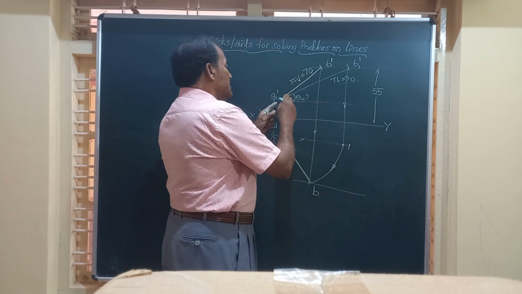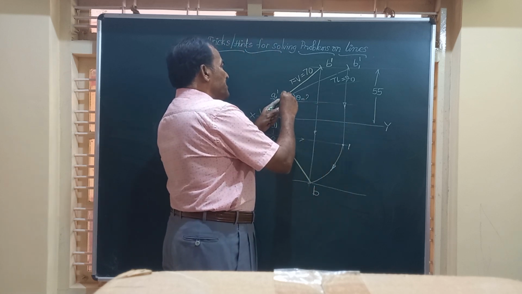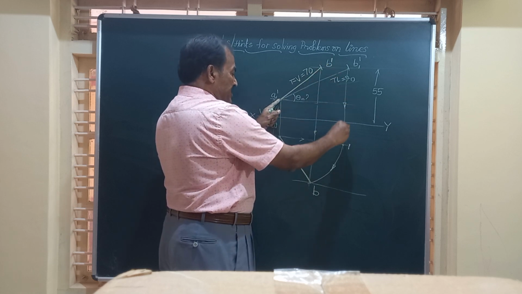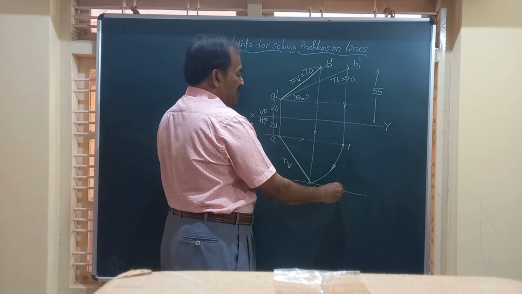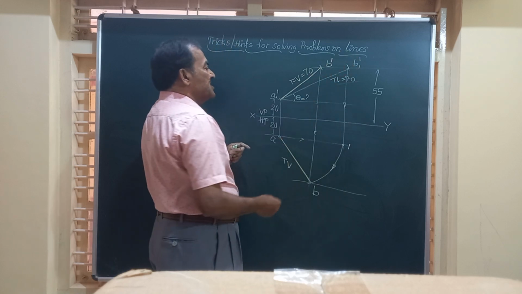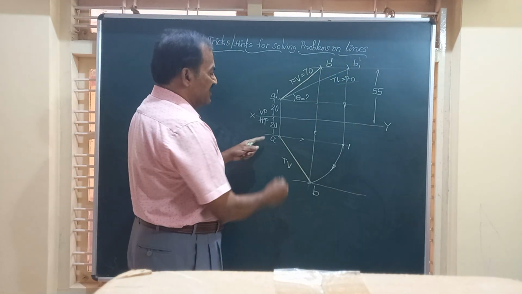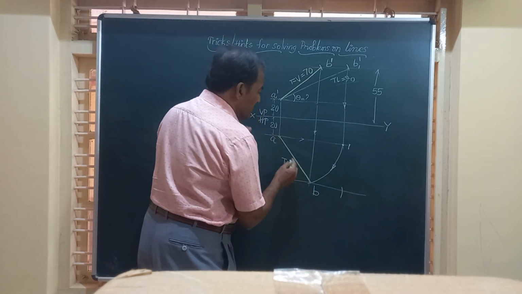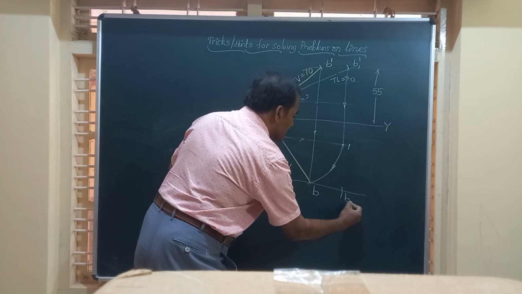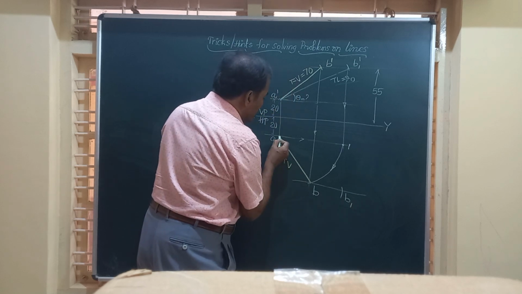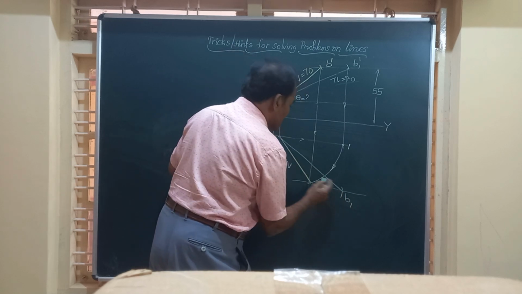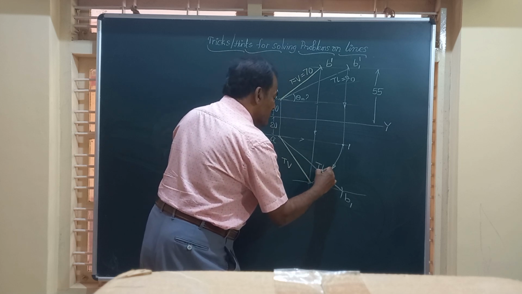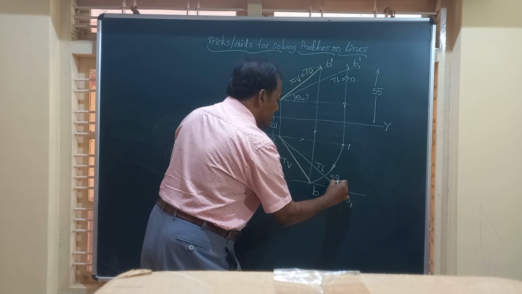One method is taking A dash as center, A dash B dash as radius, you can strike an arc, bring it down straight to meet somewhere here. You know the length as 90 millimeter. Take center A, radius equal to 90 mm, and draw an arc. This point is going to be B1. If you join A and B1, this line will represent the true length, which is 90 millimeter long.